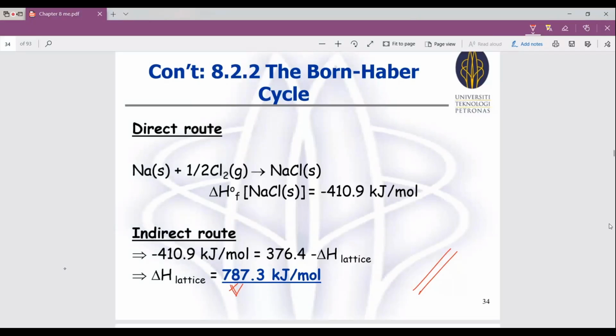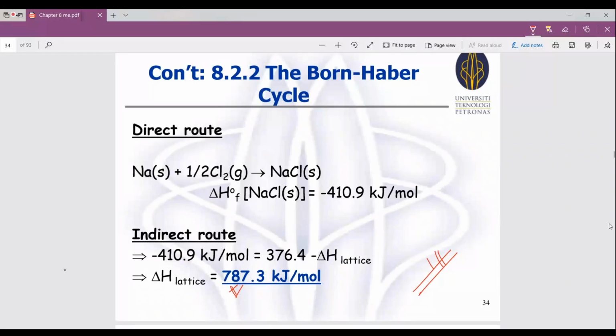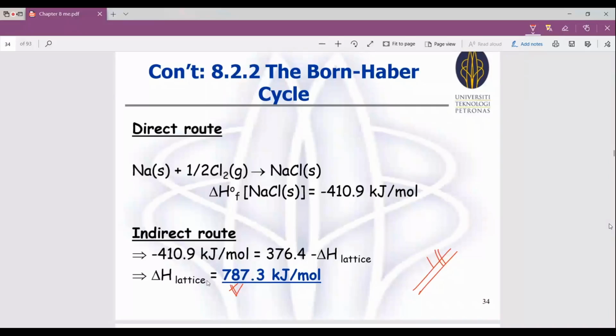Alright, are there any questions that you want to ask about the Born Haber cycle? If no questions, I give you one exercise about this topic. We try to do it together. I stop sharing this.